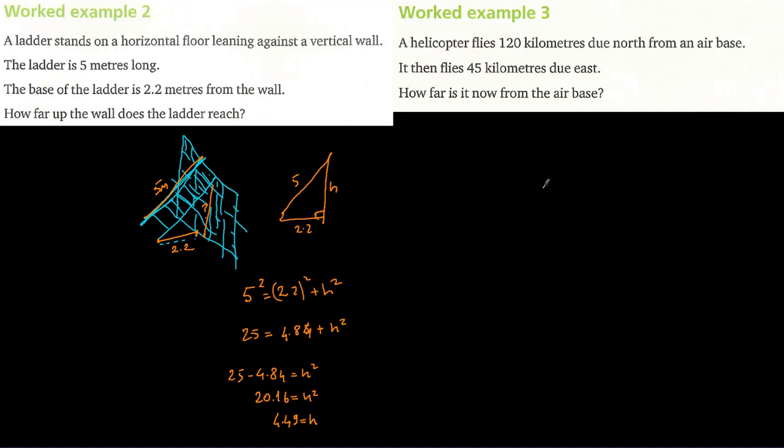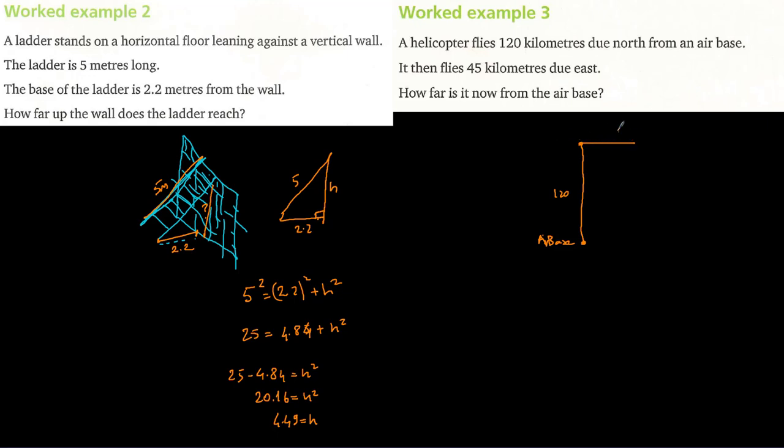The second question: a helicopter flies 120 kilometers due north from the airbase. Let's say the airbase is here, the point, then 120 kilometers to north. Then it flies 45 kilometers due east.